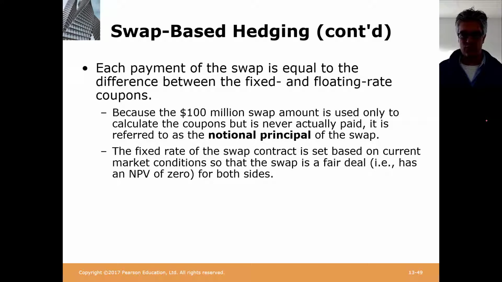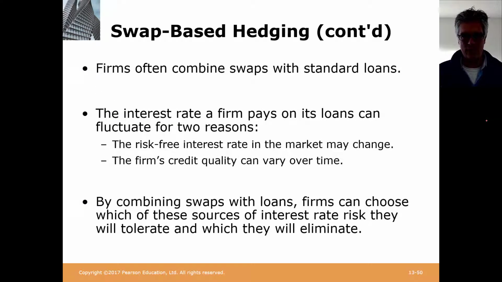This is called the notional principal, but it's never exchanged. It also wouldn't be very interesting to exchange it because you're simply exchanging a face value of 100 for a face value of 100. But in principle, the underlying value on which interest is paid is never exchanged.